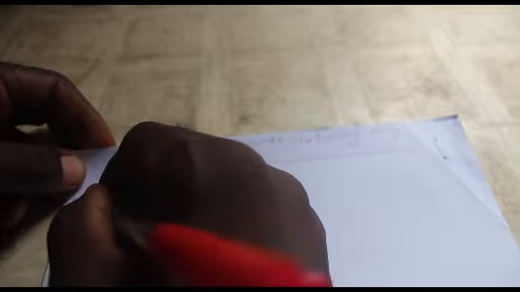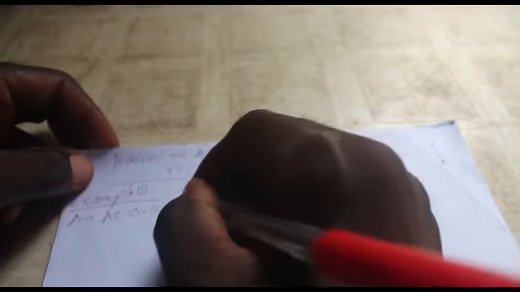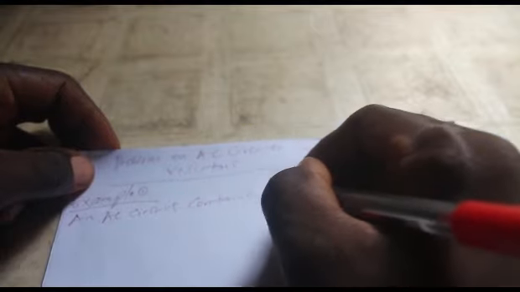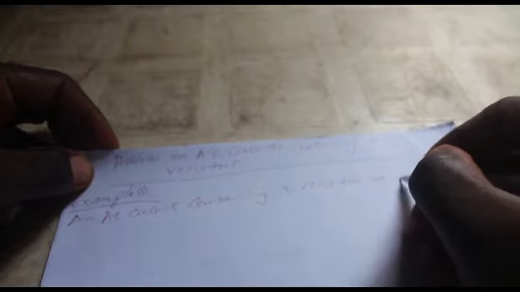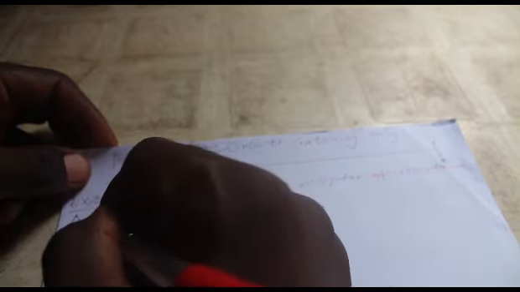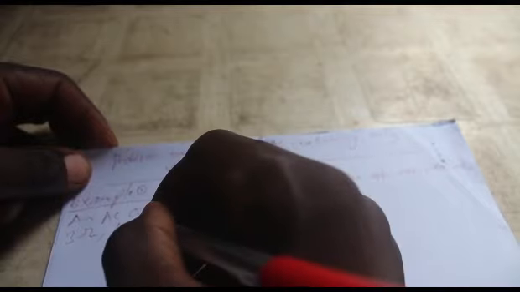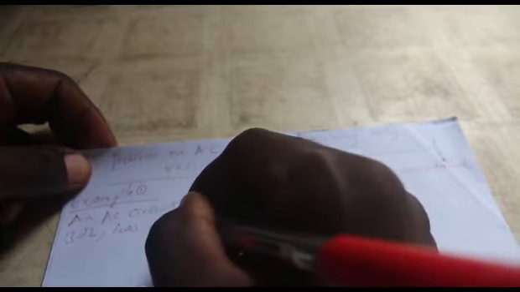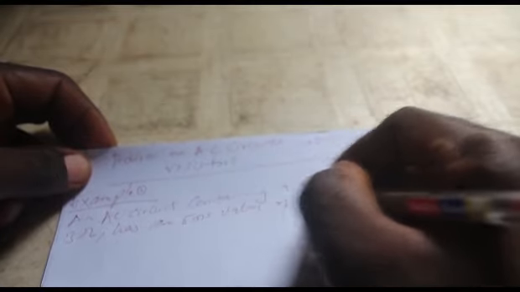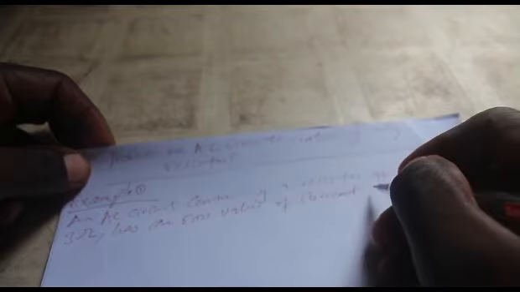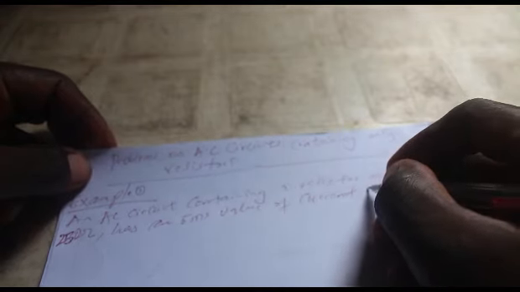An AC circuit containing a resistor or resistance of 250 ohms has an RMS value of current. RMS value of the current is 5 ampere.